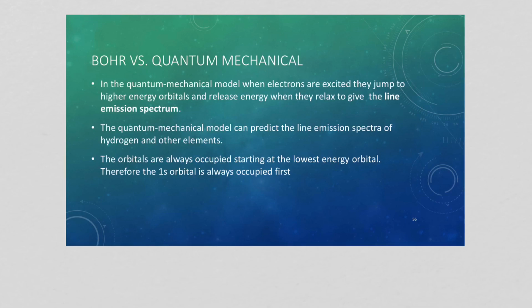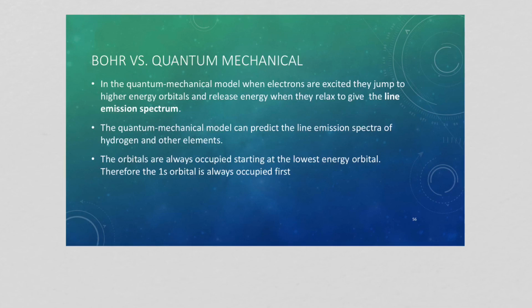The only difference is in the Bohr model, we're looking at relaxations and excitation between orbits. In the quantum mechanical model, we're looking at relaxations and excitations between orbitals. But both of them do a good job of explaining the line emission spectrum. Now, unlike the Bohr model, the quantum mechanical model can predict these line spectrums for not only hydrogen, but many other multi-electron elements as well.